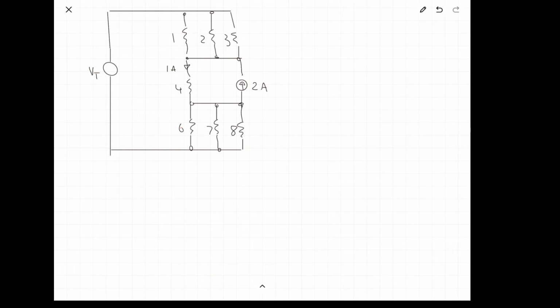So let's start by simplifying the circuit as much as possible. You can see that these three resistors are in parallel. They're connected at both ends, all three of them. And these three are in parallel as well. So we just go with the top ones. You have 1 on 1, plus 1 on 2, plus 1 on 3, all inverted.